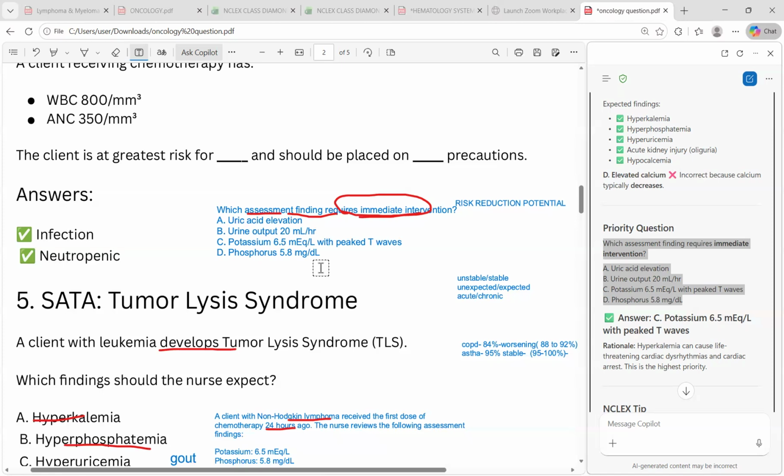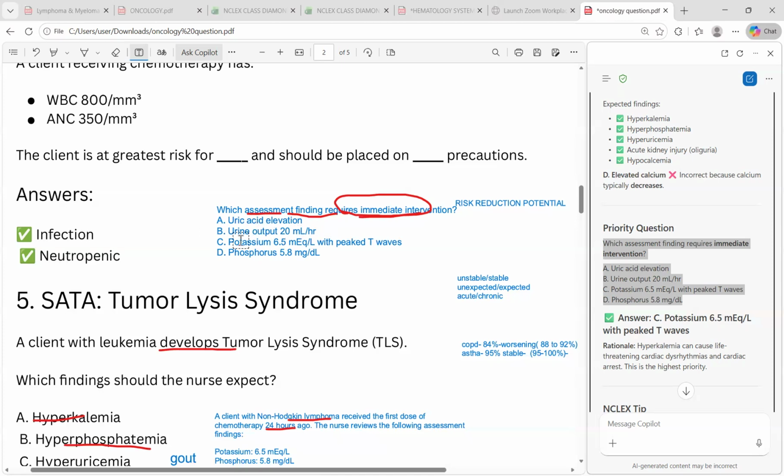Those cellular components are potassium, phosphorus and uric acid. Here the phosphate level is increasing and the uric acid level is increasing. So the first option is uric acid elevation.